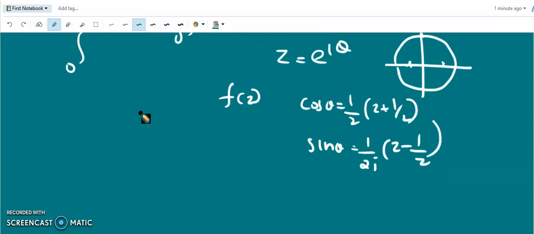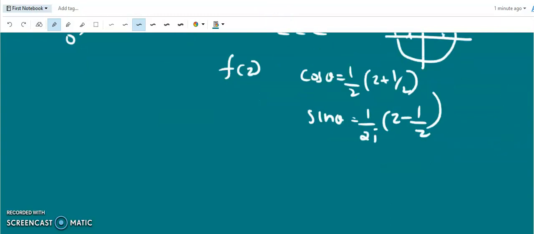So this is an easy method for finding the integrals of this form, integral 0 to 2 pi, where the integrand is a rational and finite function of sine theta and cos theta. So this integrand can be easily evaluated by considering a circular contour of unit radius, and by making the substitution z equal to e to the power i theta.